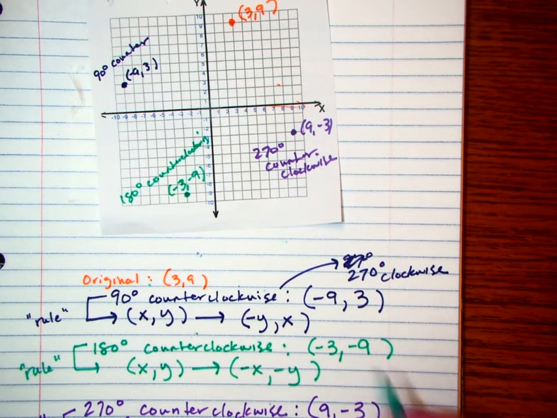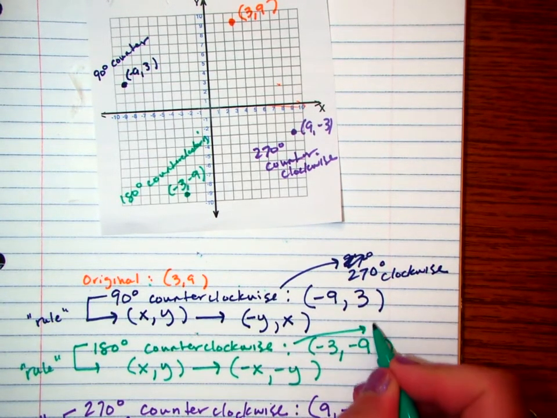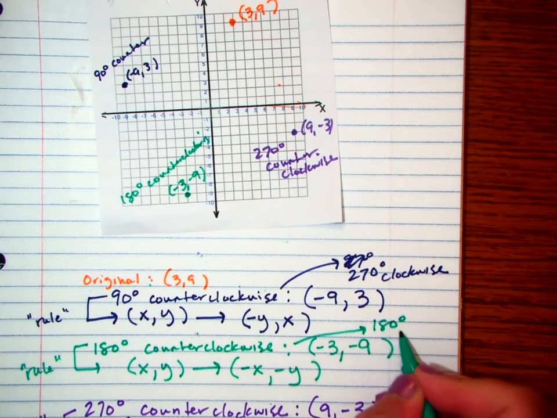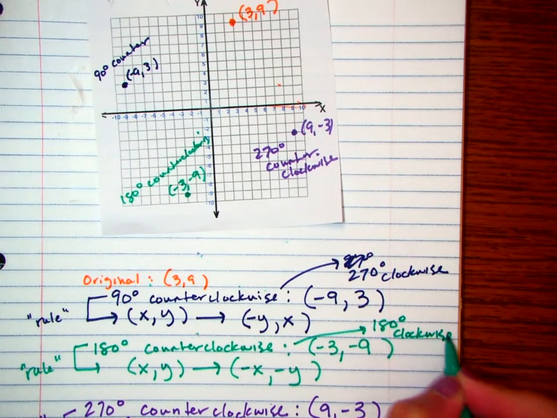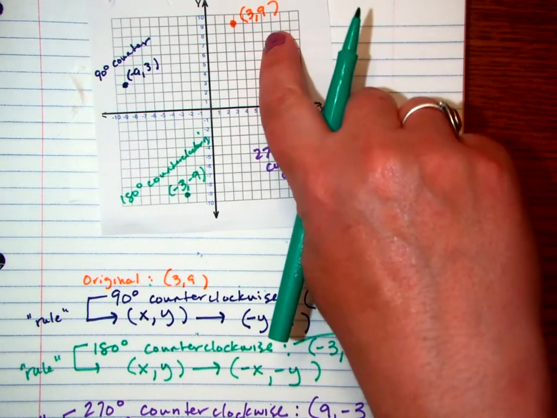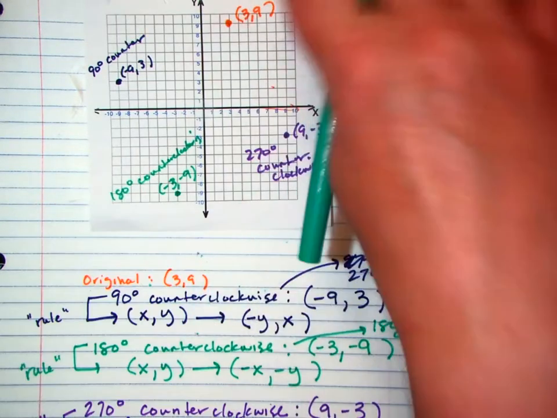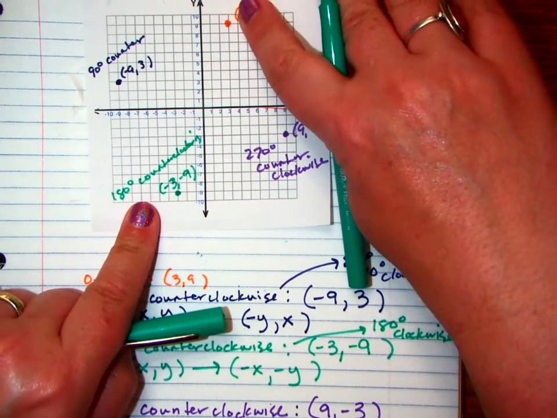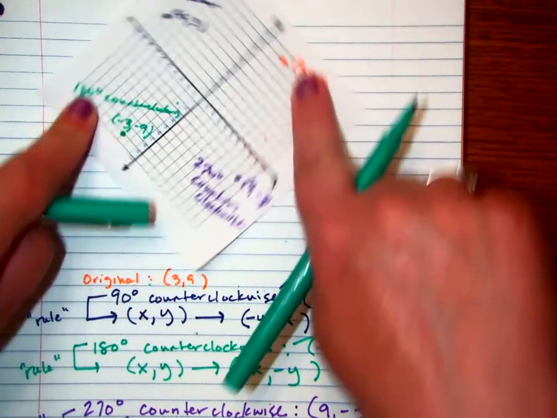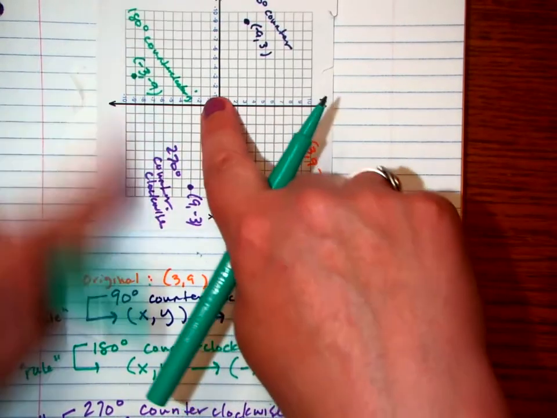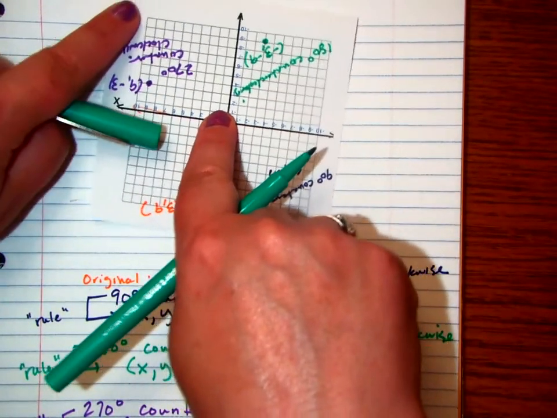So 180 counterclockwise is the same as 180 degrees clockwise. Again, looking at the orange up top, we're going to go clockwise instead, the way the clock goes, 1, and then 2, that's your 180.